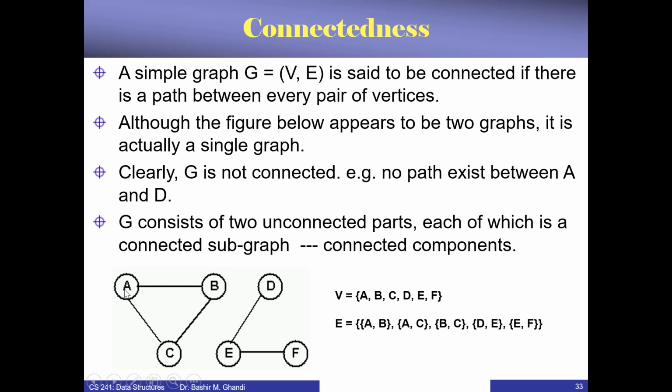Obviously, if you start from A, we will only be able to reach B and C and A itself, so total 3. So 3 is obviously not the same as the total number of vertices in the graph, which is 6. And therefore the conclusion will be that the graph is not connected.